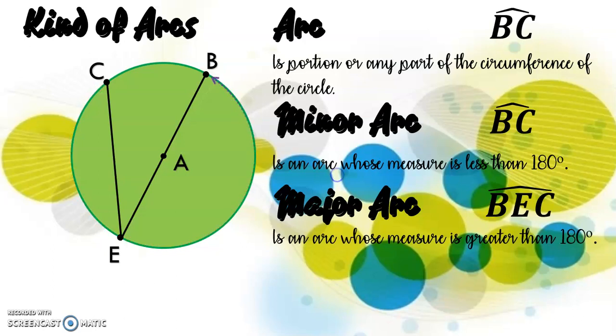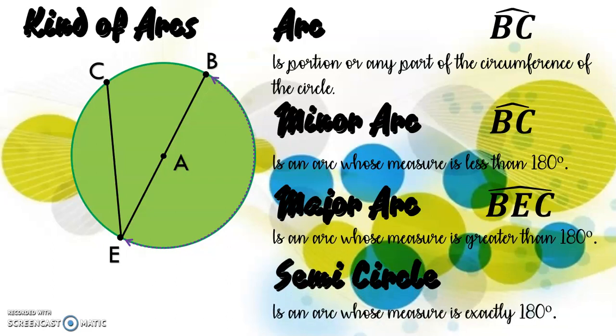Another kind of arc is known as the semicircle, and a semicircle is an arc whose measure is exactly 180 degrees. And arc BE is an example of a semicircle. And a semicircle is also half of the circle.